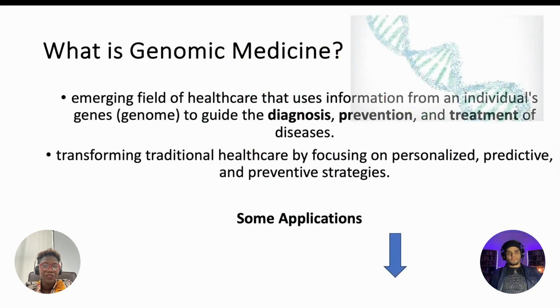So now it's genomic medicine, a new field. It uses information from the individual's genome to help with diagnosis, prevention, and treatment. It's now transforming what we know as traditional healthcare, because now it's not just personalized, it's predictive, and it's also preventive.